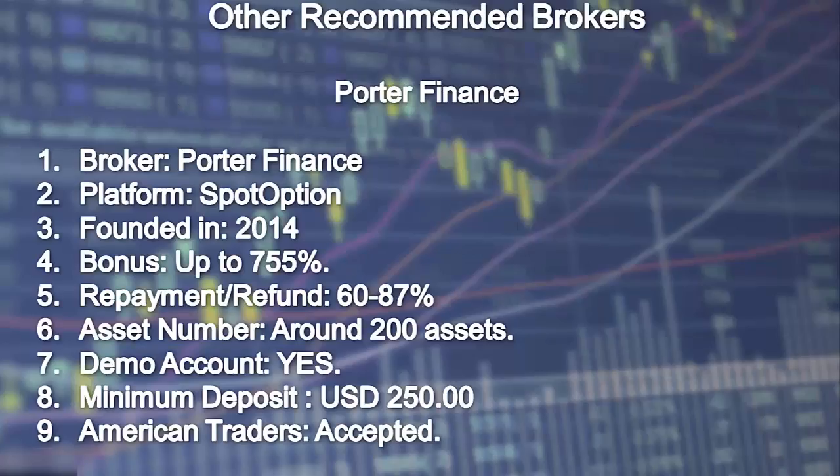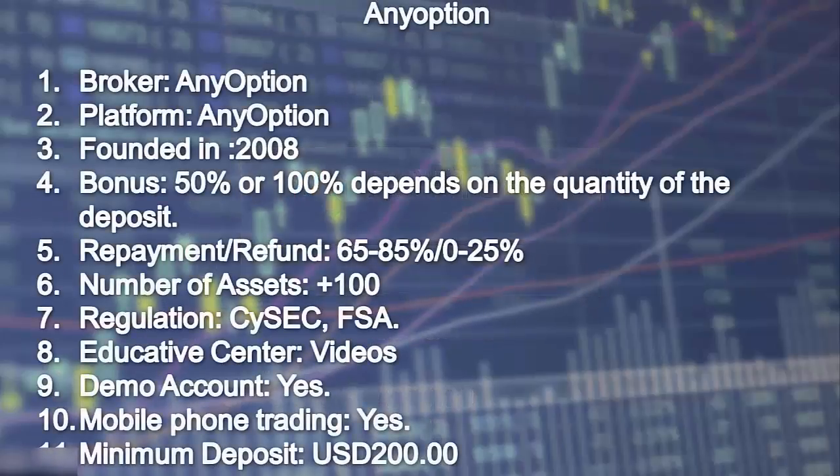Other recommended brokers. Porter Finance broker. Platform, Spot Option, founded in 2014. Bonus, up to 755%. Repayment refund, 60 to 87%. Around 200 assets. Demo account, yes. Minimum deposit, 250 United States dollars. American traders, accepted. Any option, founded in 2008. Bonus, 50% to 100% depending on the deposit. Repayment refund, 65 to 85%. Plus 100 assets. Regulation, SISEC FSA. Educative center, videos.